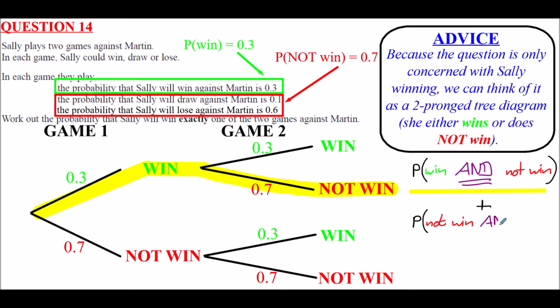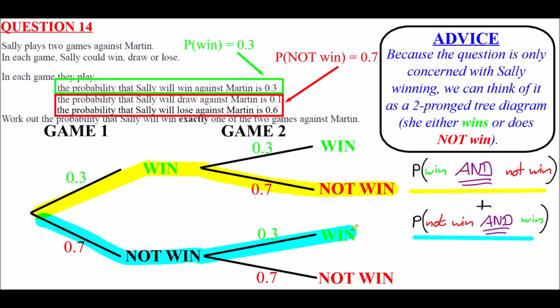If you're wondering why I'm doing the and, massive and underlined, I'll explain what I mean by and in a moment. So she could not win first and then she could win on the second game. So doing this route, which I'll highlight in a green, actually no I won't, because then this green will not look very clear, will it? So this option here is if she did not win the first one and then ended up winning the second.